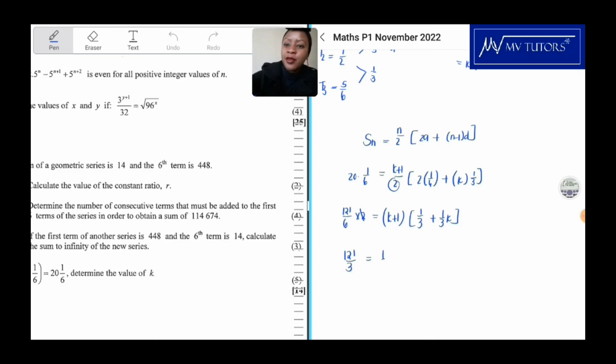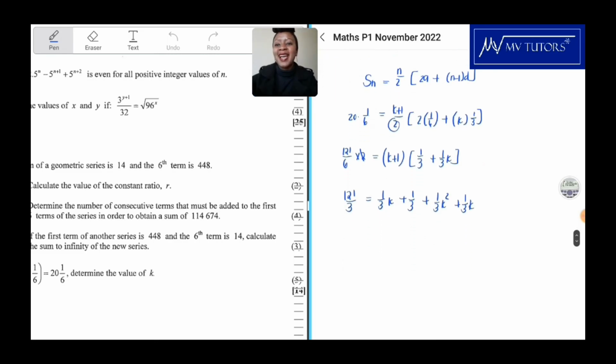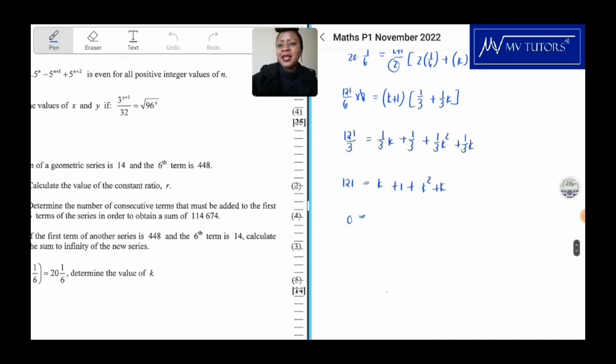Okay, so I have a third k plus a third k squared plus a third k. I'm seeing all these denominators are 3, so I'm going to multiply by 3 throughout. So I have 121 is equal to k plus 1 plus k squared plus k. So I can see here a quadratic equation is coming up.